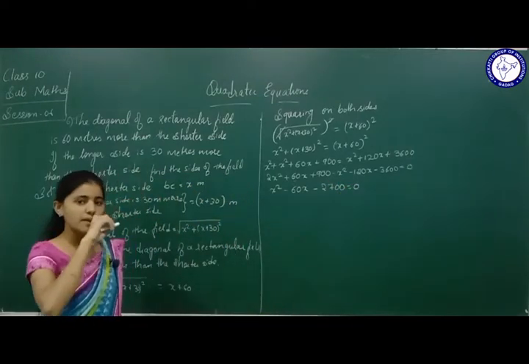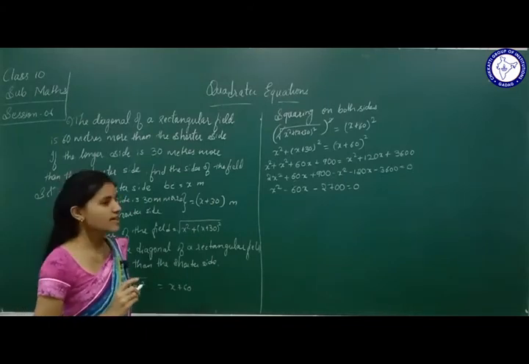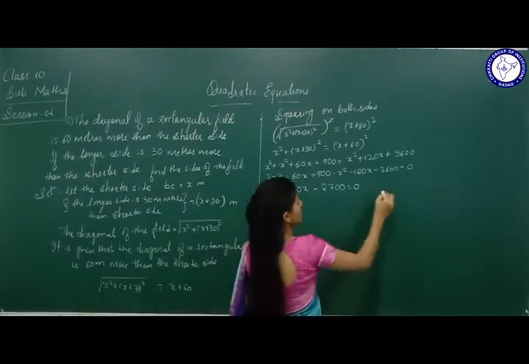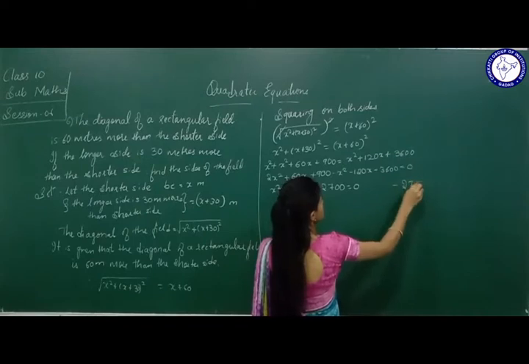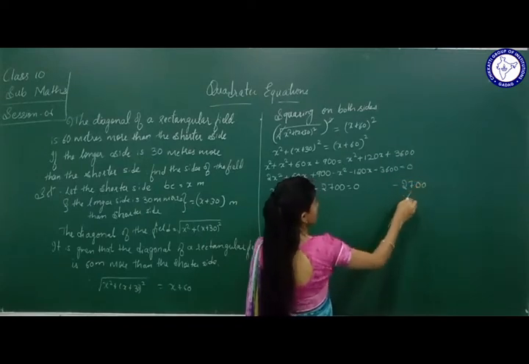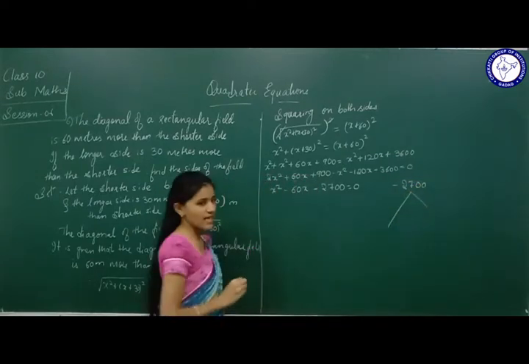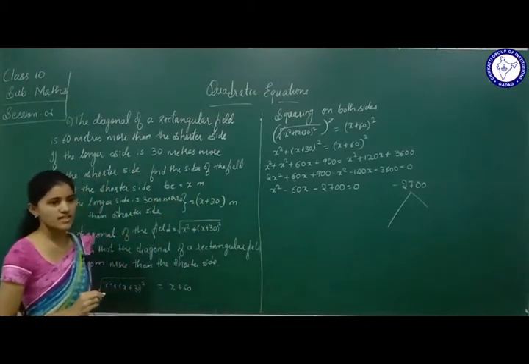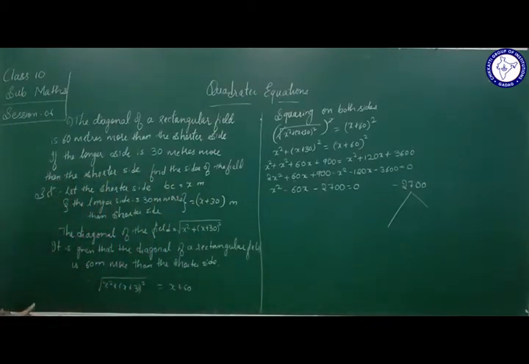Now split the middle term in such a way that its product is minus 2700 and the middle term is minus 60. Then how are we going to write it?